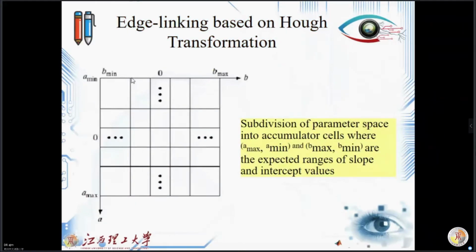See the subdivision of parameter space into accumulator cells, where we have a minimum and a maximum, and b minimum and b maximum, the accepted range for the slopes and intercepts values that we can have. Think of the image as a matrix, with b minimum to b maximum and a minimum to a maximum, and then you can see the points and parameters in the image and do the previous calculation between them.